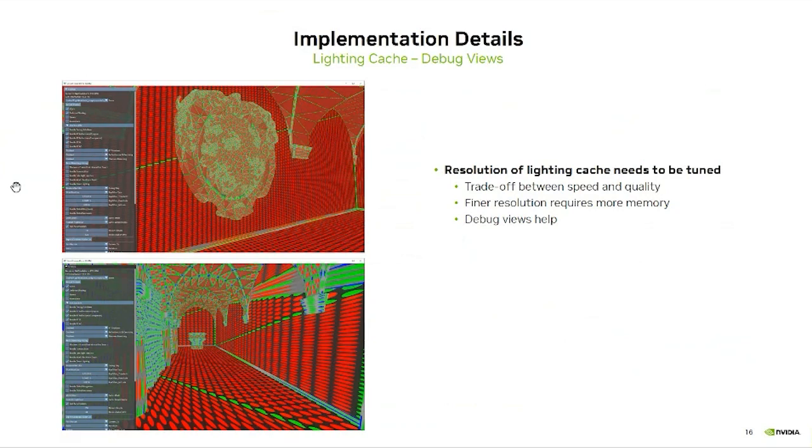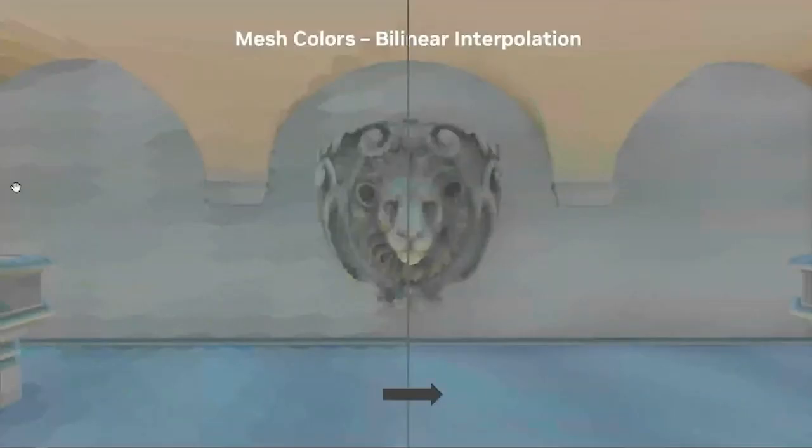So if you have something like perfect mirrors in your scene, and you want to see some texture details in the reflection, then you need to use a really fine LightingCache. And these debug views can help to find out the correct setting.